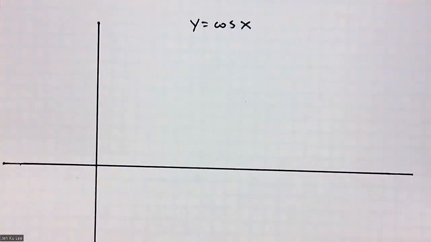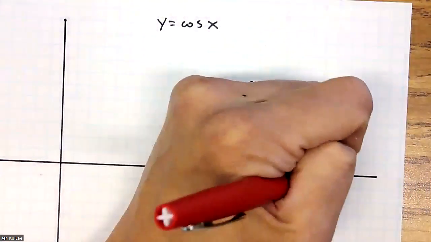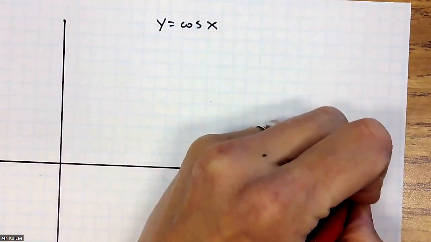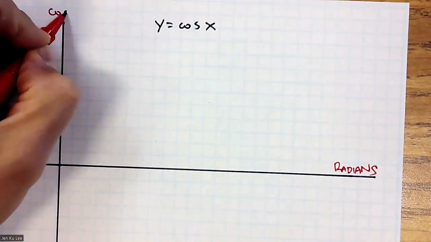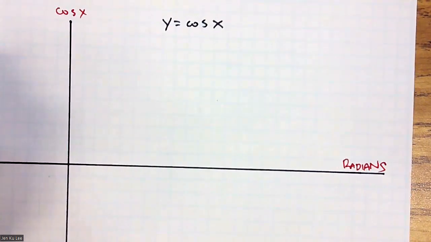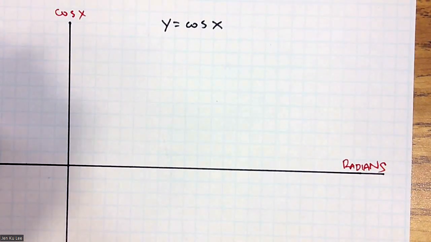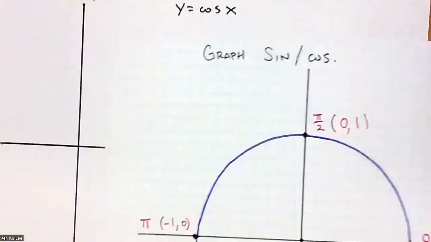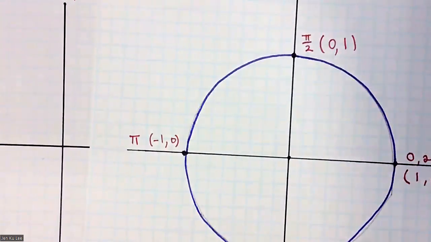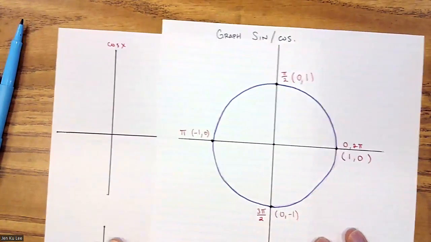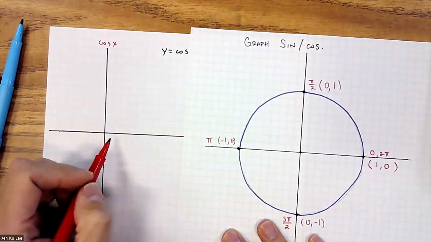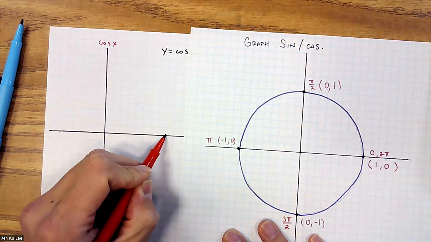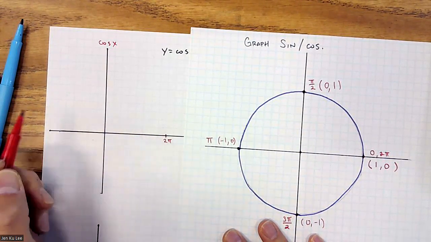Okay. y equals cosine. So this is still my radian measure. Radians. And this now will be cosine of x. Again, this graph is based off of the unit circle. Okay. So I'm going to count 8. 1, 2, 3, 4, 5, 6, 7, 8. And that's 2 pi.